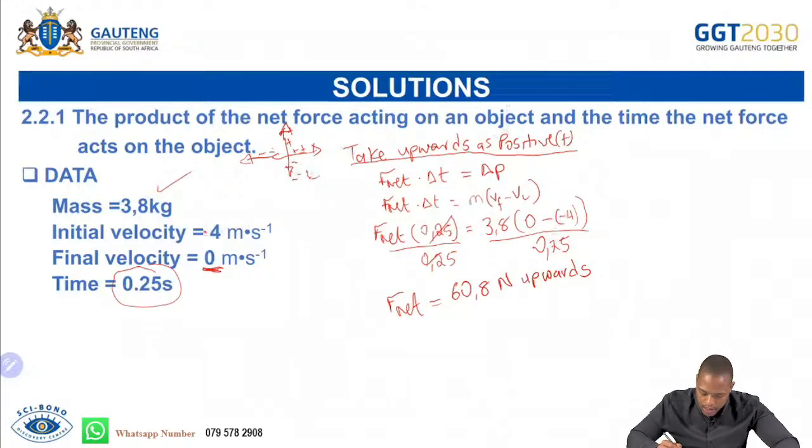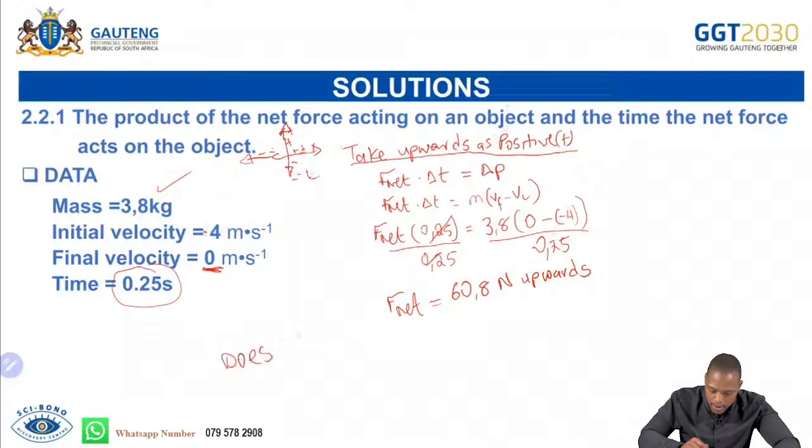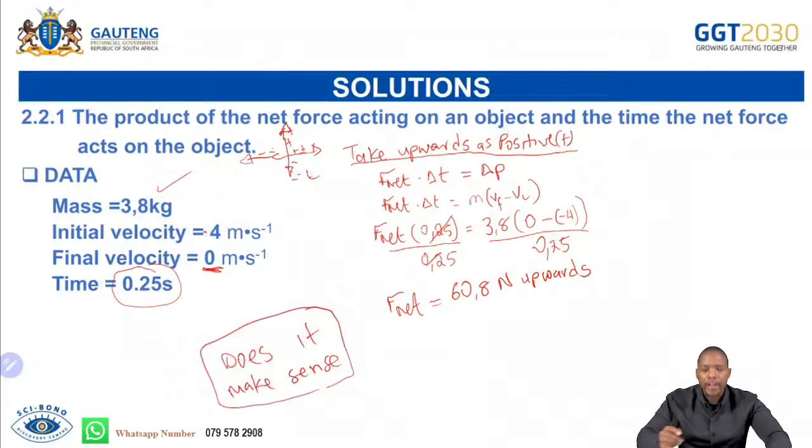Then I ask my famous question: does it make sense? Does it make sense that the force experienced by the cat is positive? According to how I have chosen my direction, the answer to that question is yes, it makes sense, because the cat is going down.